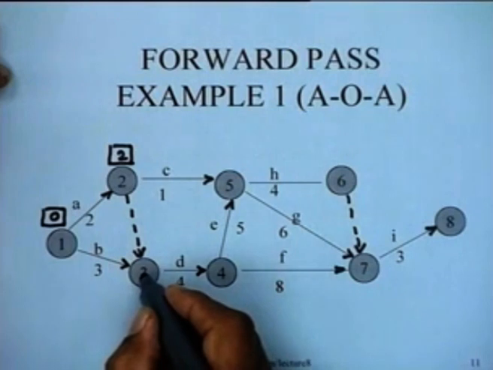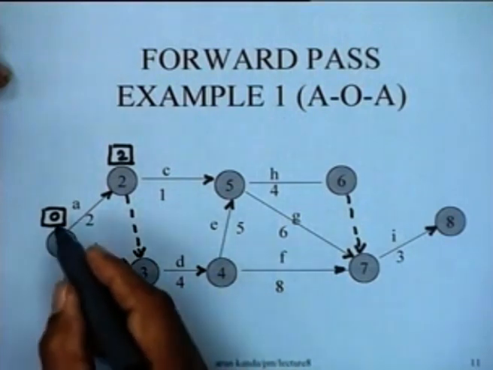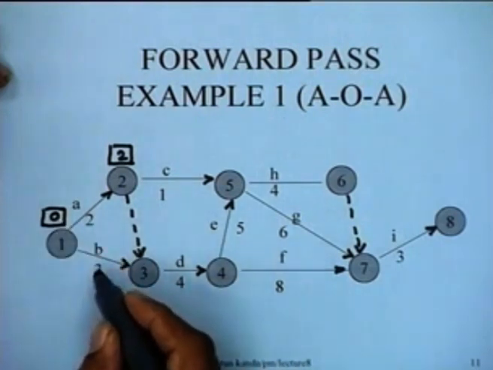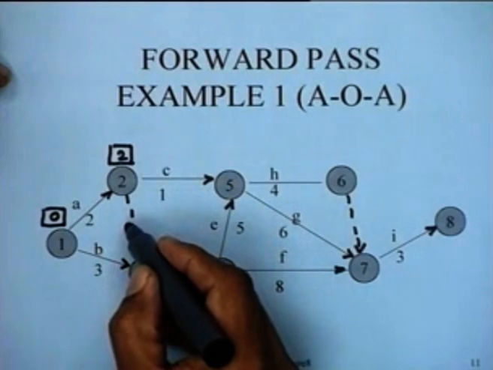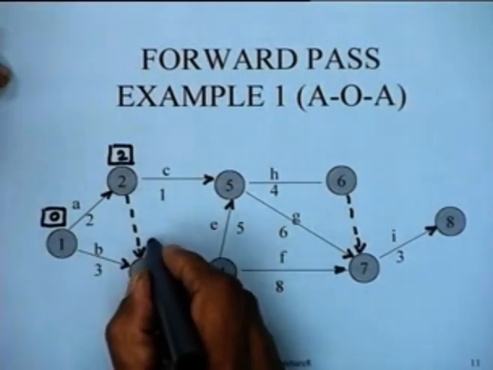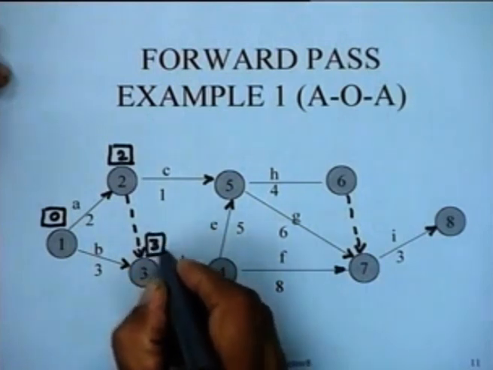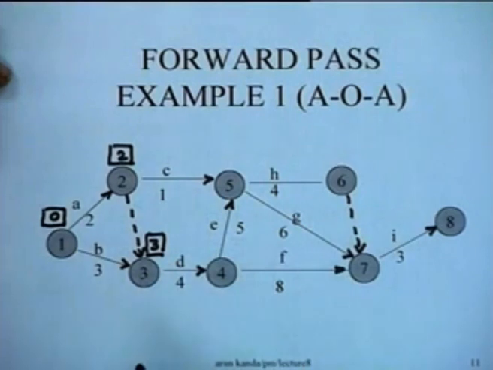Then we would come to node 3. Now, node 3 has two predecessors. So, we have to take the maximum of 0 plus 3, which is 3, and 2 plus 0, because the dummy takes 0 time. So, the larger of the two is 3. So, we find out the earliest occurrence time of node 3 in this manner.